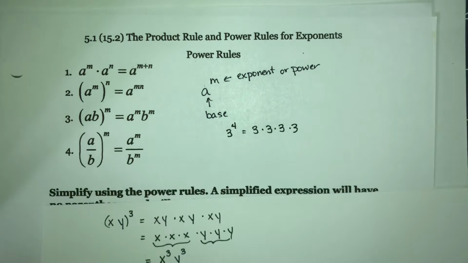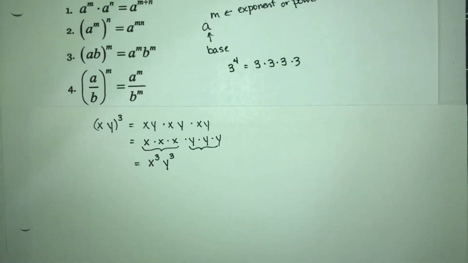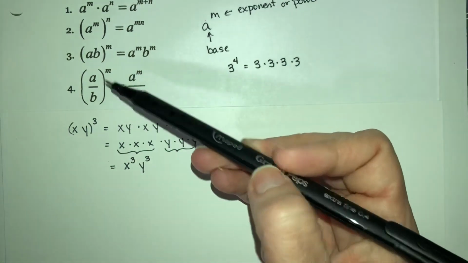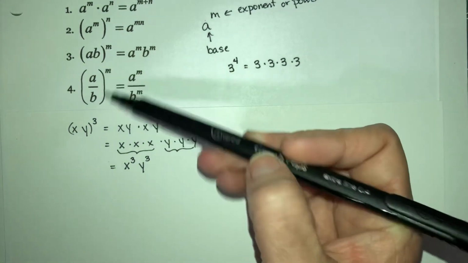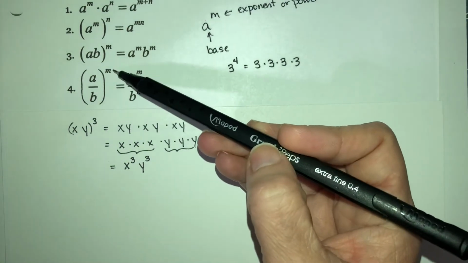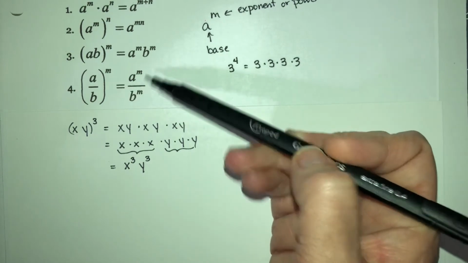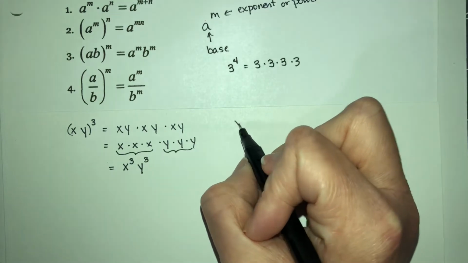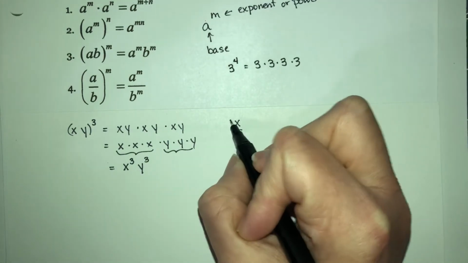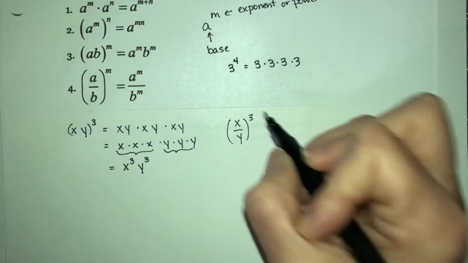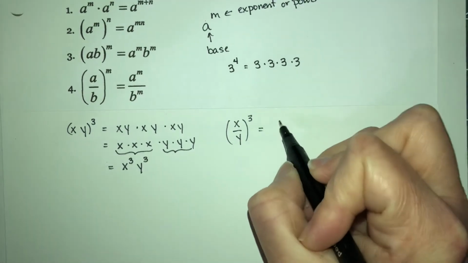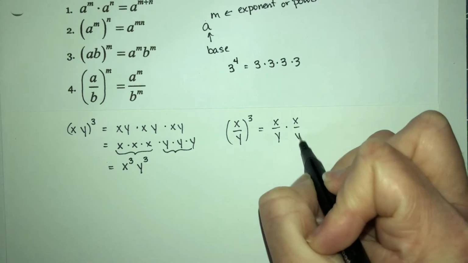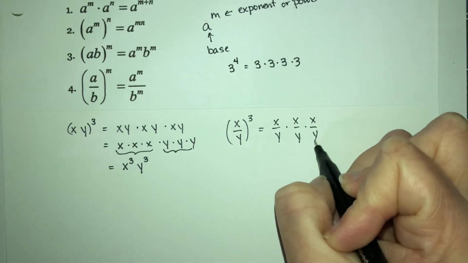Okay? Now, property 4 is very, very similar. It says that if you have a fraction raised to an exponent, and it's important that those parentheses are there, if we have the exponent on the outside, we get to place it on each one. Okay? So let's just say we had x over y cubed. This means x over y times x over y times x over y.